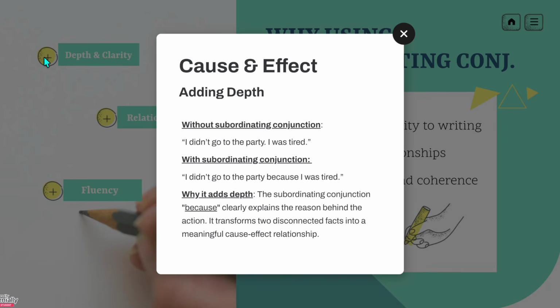If I added subordinating conjunctions, it would look like I didn't go to the party because I was tired. So the subordinating conjunction because clearly explains the reason behind the action. It transforms two disconnected facts into a meaningful cause and effect relationship.